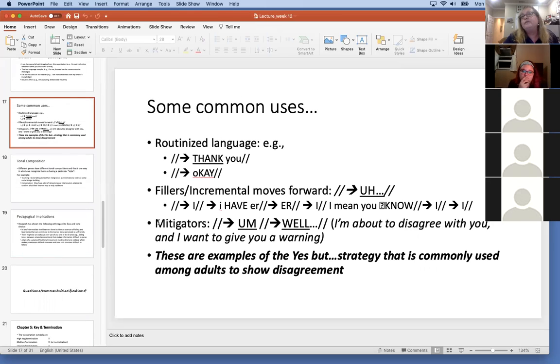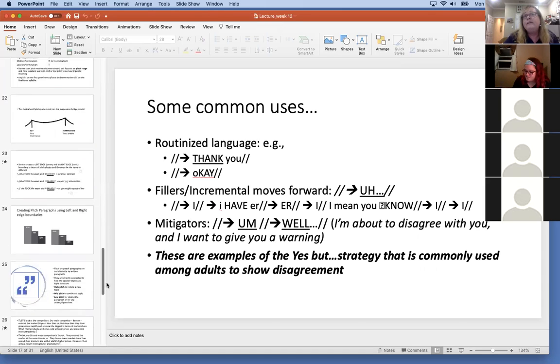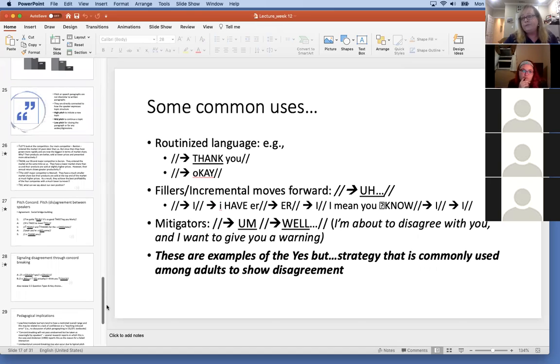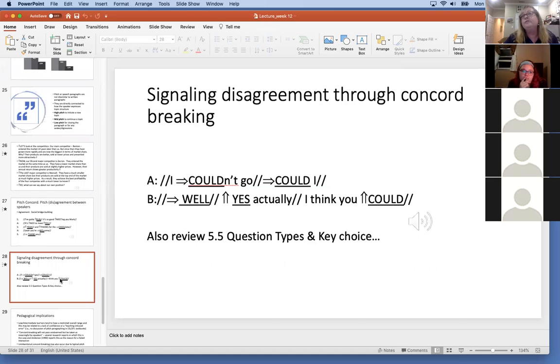Level tone, for example. So if you have a level tone on something like "well," and then you break pitch concord, then it's a signal that actually you're going to disagree. In this case, speaker A says, "I couldn't go, could I?"